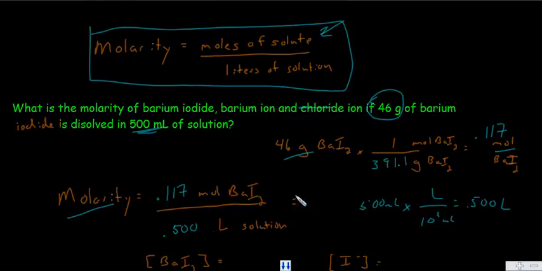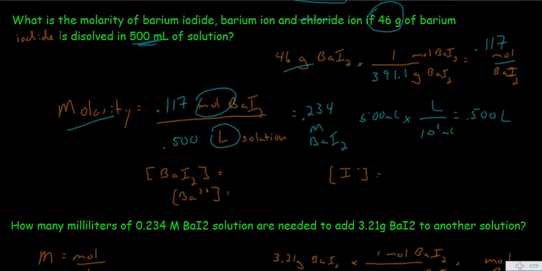So how many moles per liter, aka how many molar, or what is the molarity? It's 0.234 molar barium iodide.